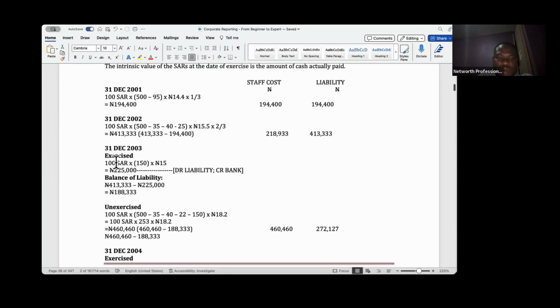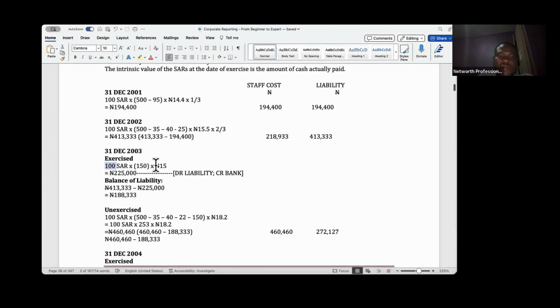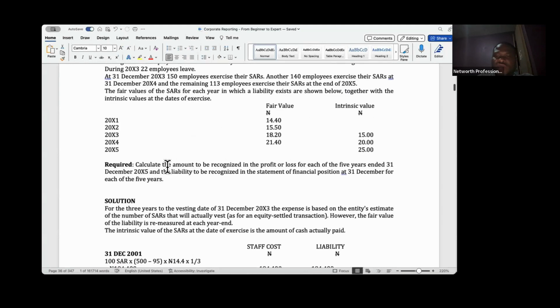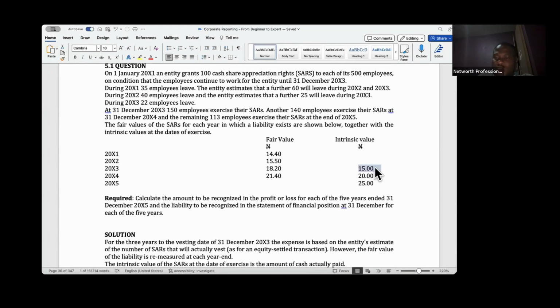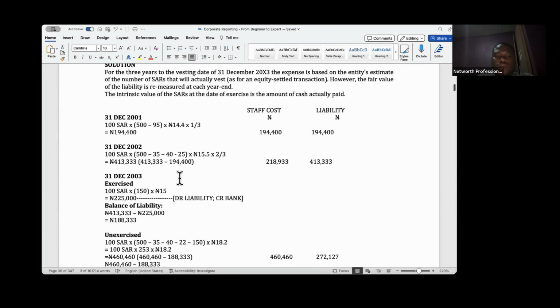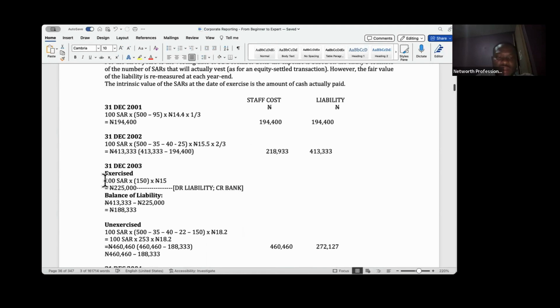Each of those 150, we are giving them 100 SAR, at a value of 15 naira, which is the intrinsic value. That's what they give us for year 3 alone. If you do the maths on your calculator, the company is going to be paying 225,000.